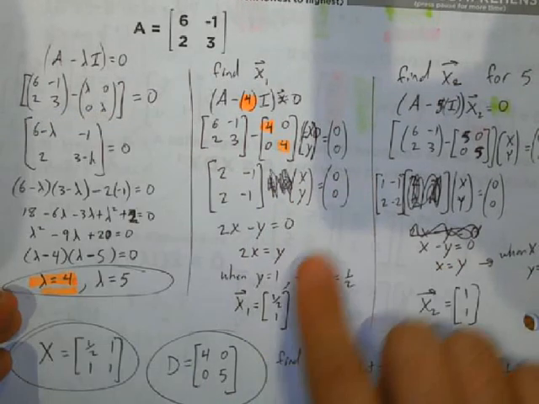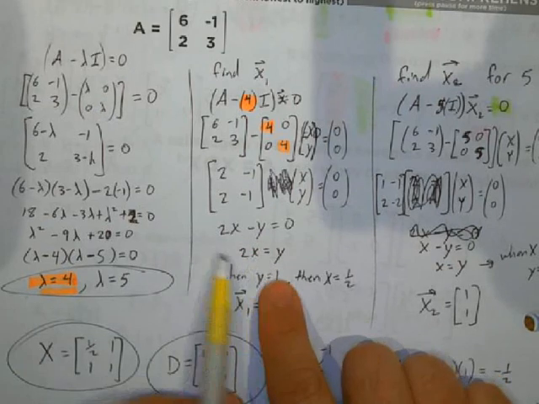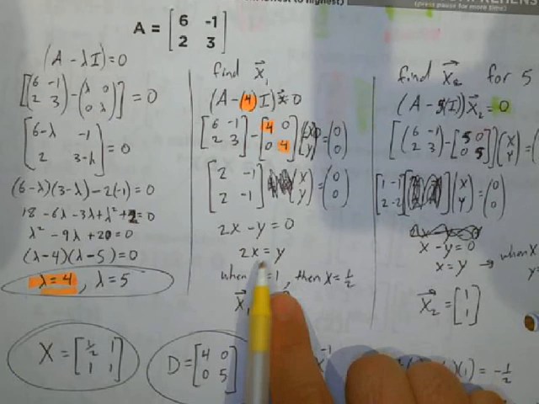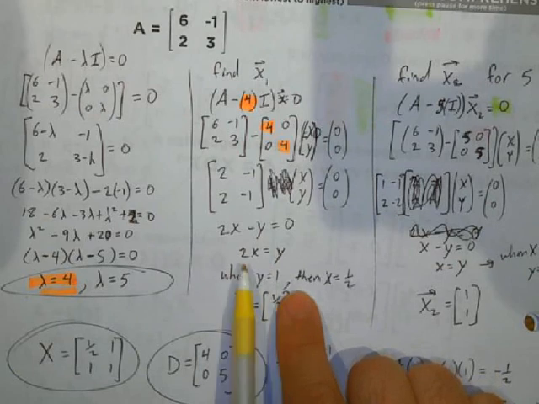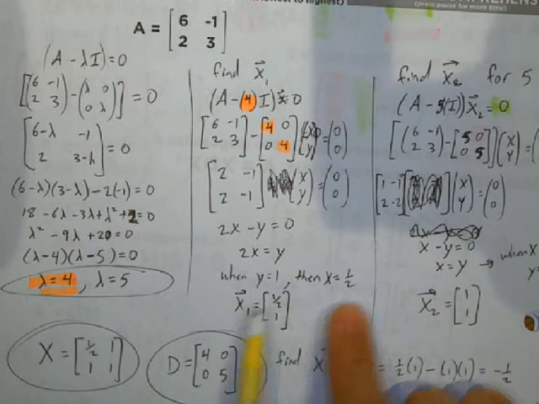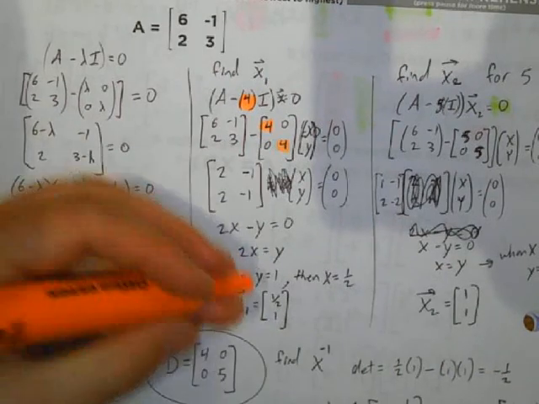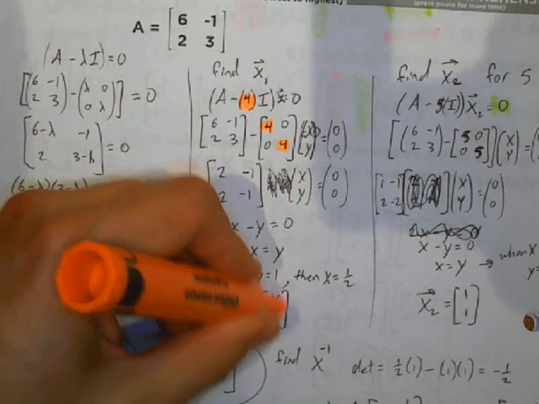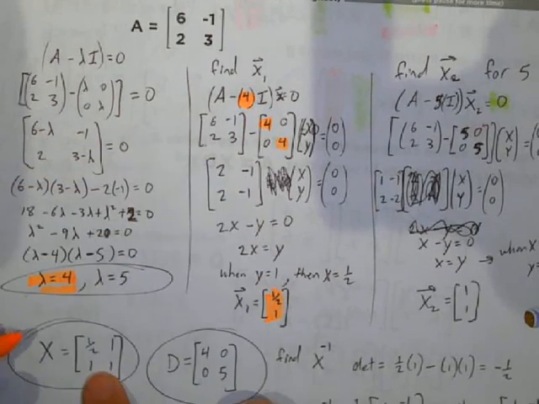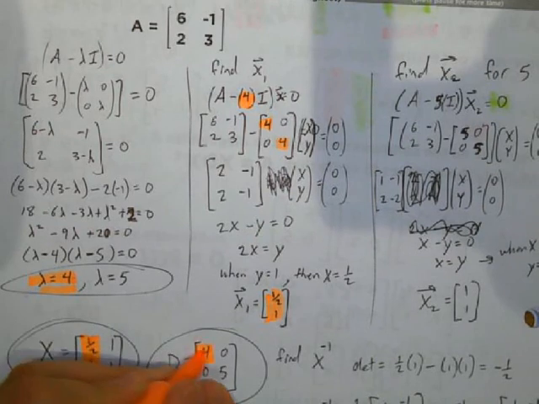Okay, so now I can subtract y on both sides, and if y is equal to 1, then x is going to be equal to a half. Okay, so there's my first. I've got this value here that goes with the value of 4. Okay, go through the same process.